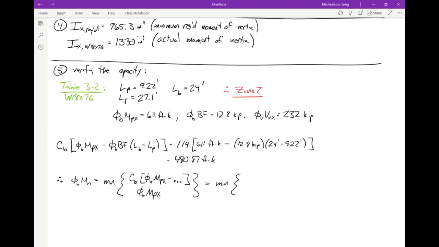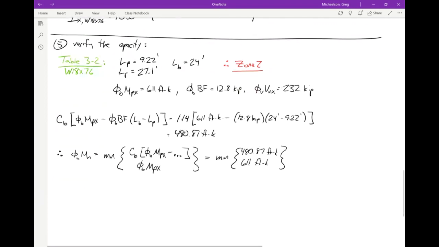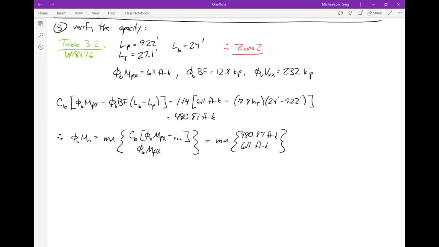So the minimum of that and 611. So here's the long and short of it. Phi MN is 480.87 foot-kips.